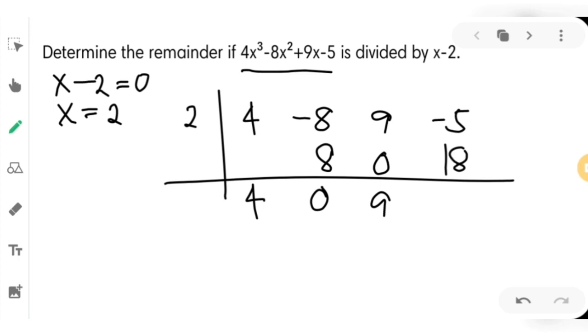And then add negative 5 plus 18 is 13. So again, the last number in our synthetic division is our remainder. That means the remainder when 4x cubed minus 8x squared plus 9x minus 5 is divided by x minus 2 is 13.